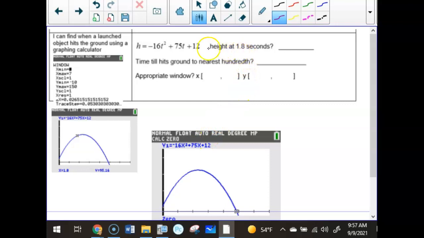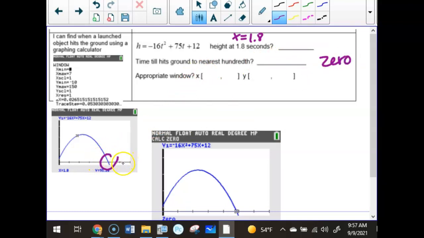How do you find the height at 1.8 seconds? Yeah, you just say x equals 1.8. You could literally type it in there, or if you've graphed it, you can do trace 1.8. How do you find the time till it hits the ground? What do we find in there? Yes, you use the 0 feature. Left bound, right bound.